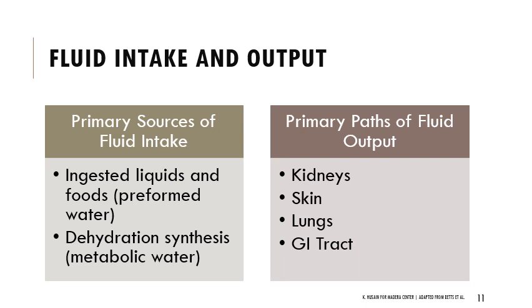And then there's a lot of sources of fluids leaving our body, including the kidneys and the urinary system, our skin, so evaporative cooling and sweating, our lungs, as well as our GI tract. So those different sources of intake and output need to balance one another out in order for us to maintain fluid levels in our body.